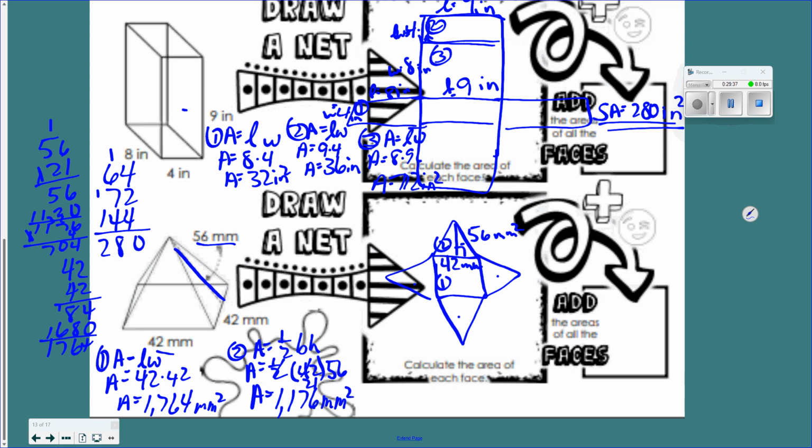So I add that to the base, 1,764, which gives me 6,468. So my total surface area equals 6,468 millimeters squared. Remember, area will always be squared.